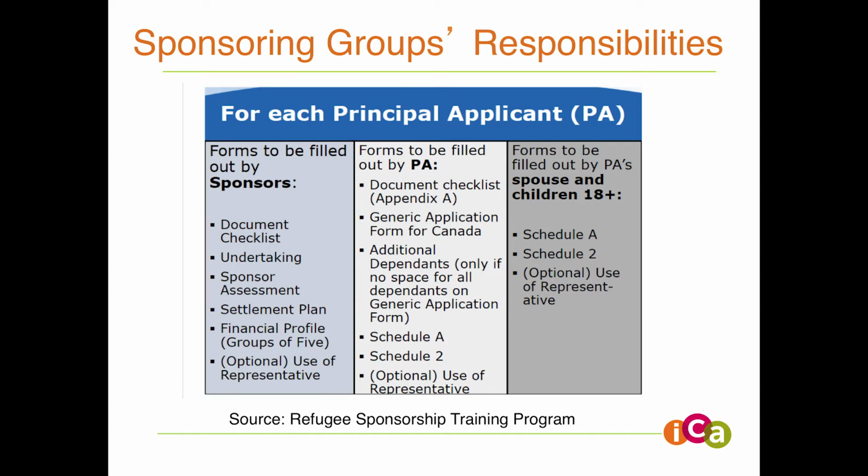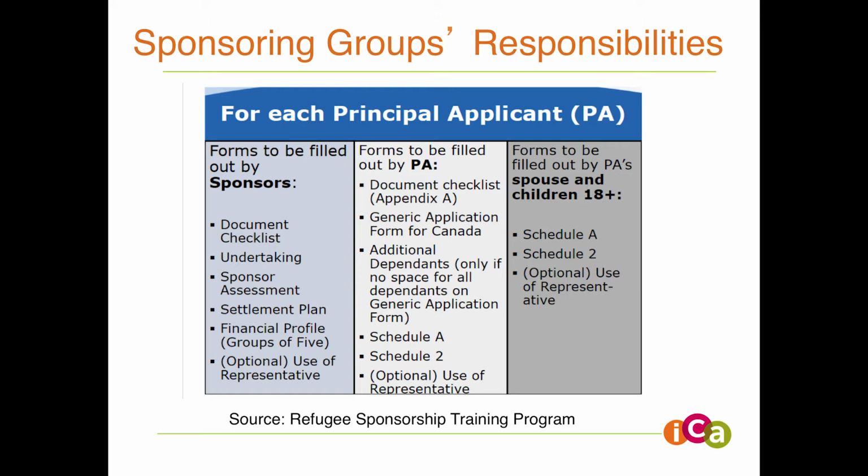So right now, there's quite a bit of leniency in the system with Syrians, because the government has put special exemptions into place with Syrians. So they don't actually pay too much attention to what's in Schedule 2, as long as it makes any kind of sense, because you might remember that the previous government declared in September of last year that all Syrian refugees are so-called prima facie refugees.